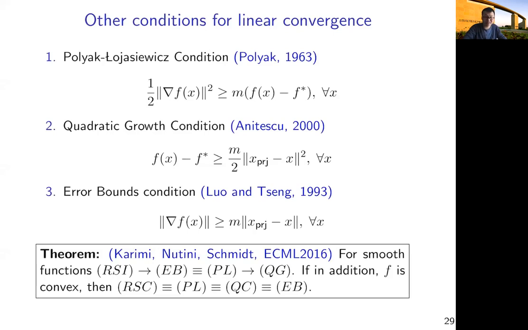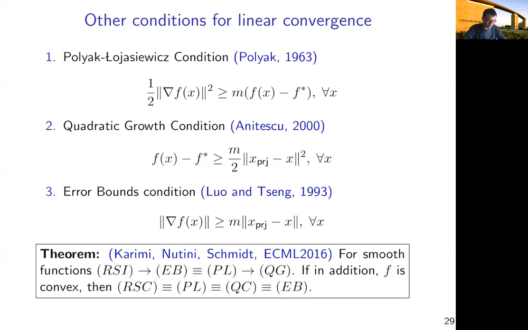This is something I teased you about earlier: how we certify suboptimality by measuring the norm of the gradient. Convex and strongly convex functions satisfy this condition, but maybe there are other functions that are not strongly convex that also satisfy it, and maybe that's sufficient to establish linear convergence.